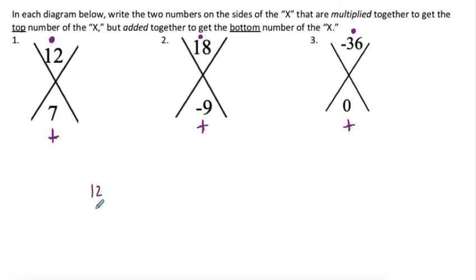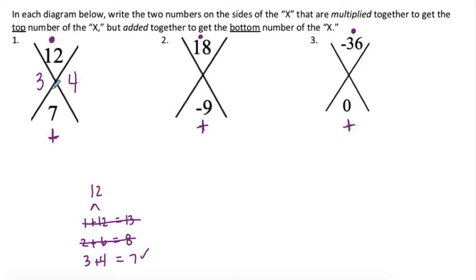So if I think of 12, I can say 1 and 12. That would multiply to 12. But if I added those together, I would get 13, not 7. 2 and 6 multiply to 12, but if I add them together, that gets 8, so it doesn't work. 3 and 4 multiplies to 12, and if I add those together, that's where I would get 7. 3 and 4.